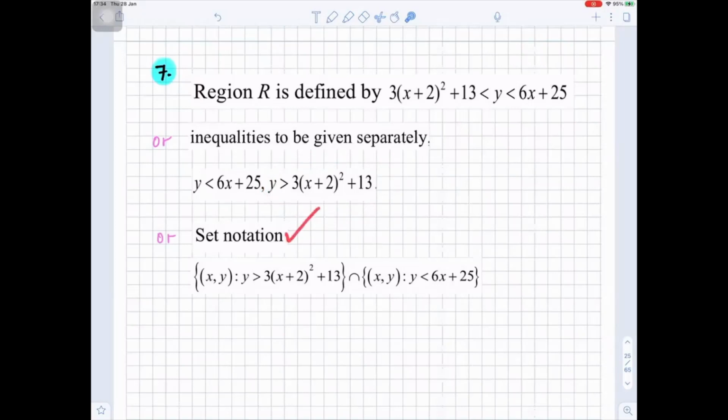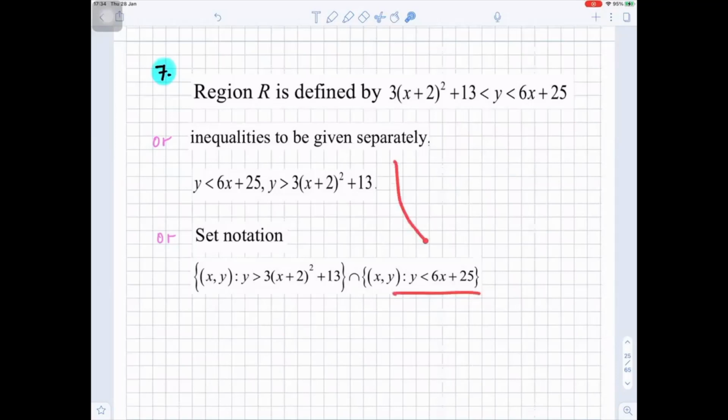Or you can give it in set notation: {(x, y) : y > 3(x + 2)² + 13} intersection, that's what it means, where they meet, {(x, y) : y < 6x + 25}, the ones that are below the line.